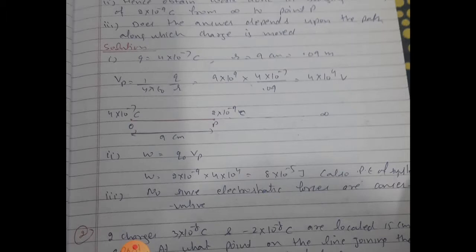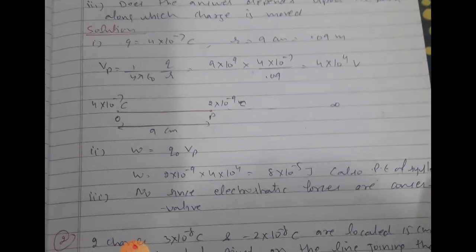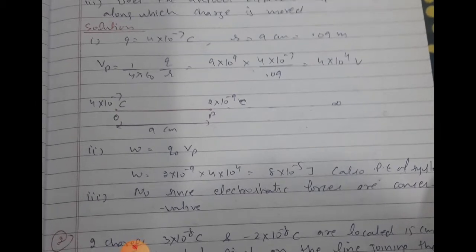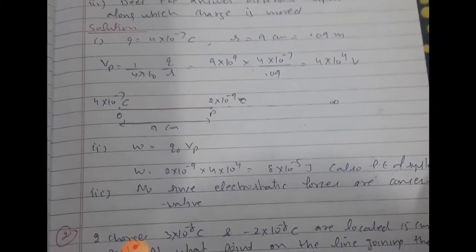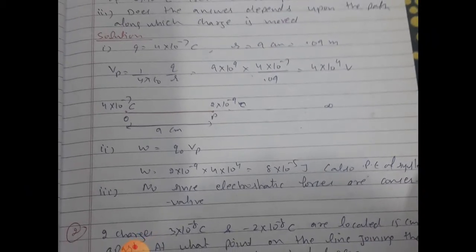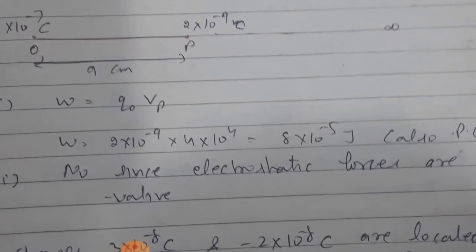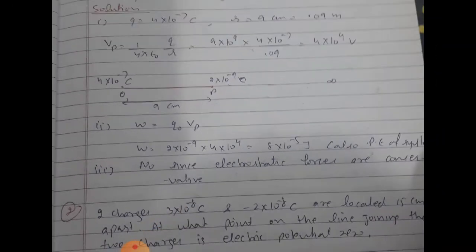Because we are doing work against the electrostatic force of repulsion, and we know that the electrostatic forces are conservative forces. So we say that work done is independent of nature of path followed. It depends only on initial and final position.